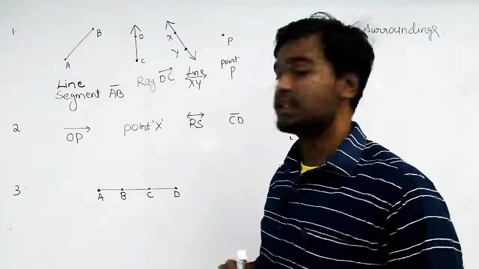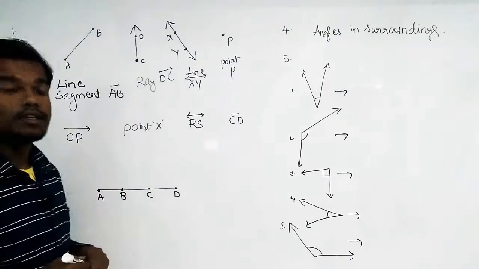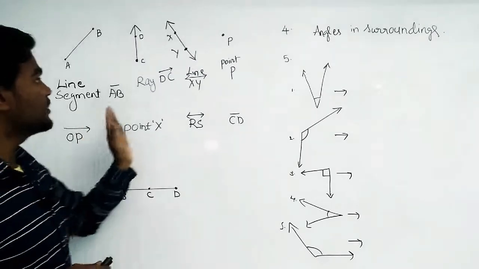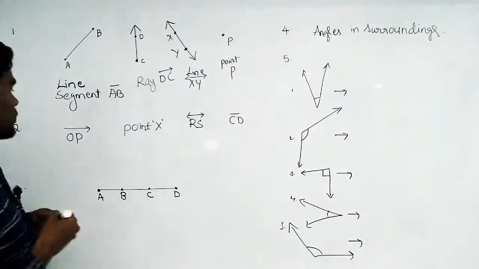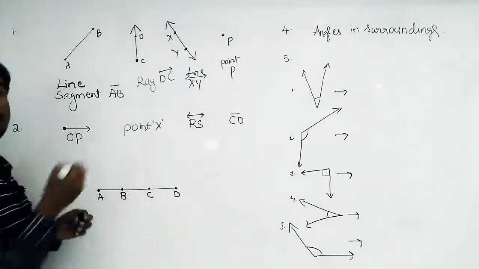So that is the solution for the first question, and we'll go to the second question. Here they have given the names and we need to draw them. For OP, it starts at one point and goes somewhere.